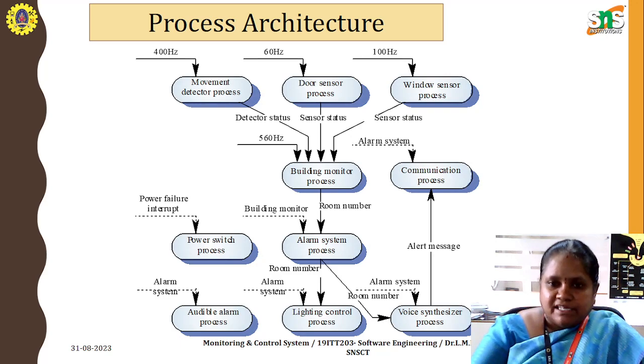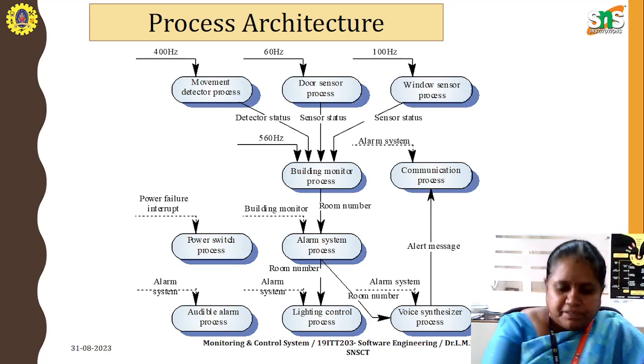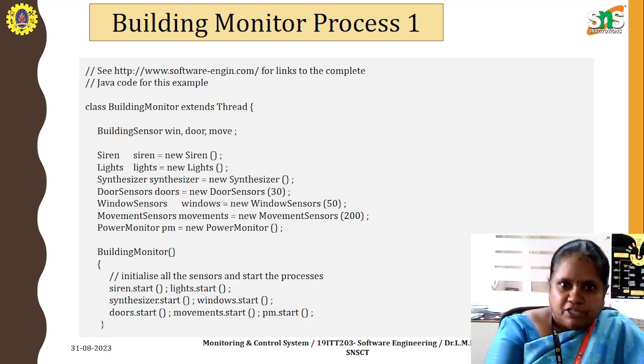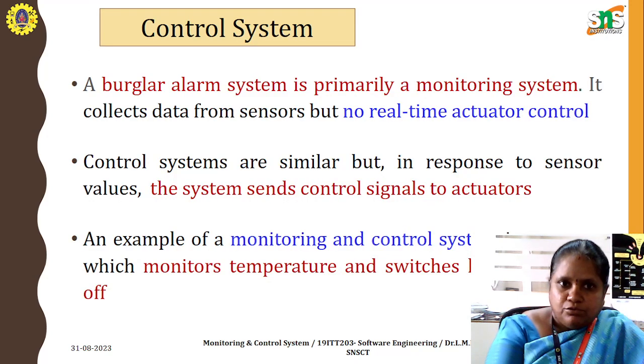So when an intruder is sensed by the sensor, the alarm system process creates an alarm signal, which switches the lighting on, creates an audible alarm, and synthesizes a message and communicates to the persons to be alerted. The other area of sensor is power failure. If power failure happens, the power switch process switches to the alternate power source. So these are the codings for this particular building monitor process 1 and 2.